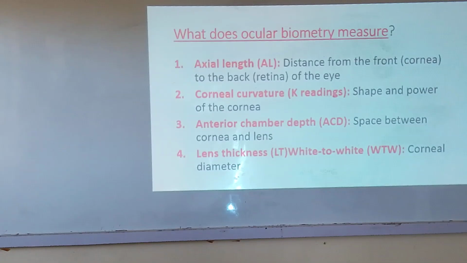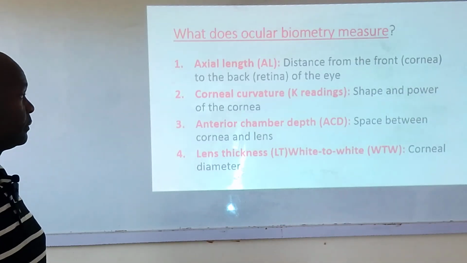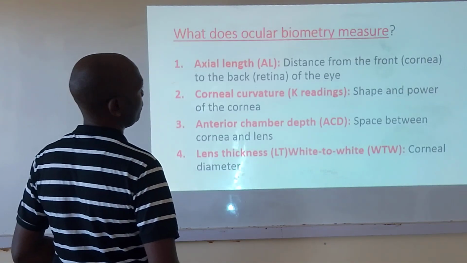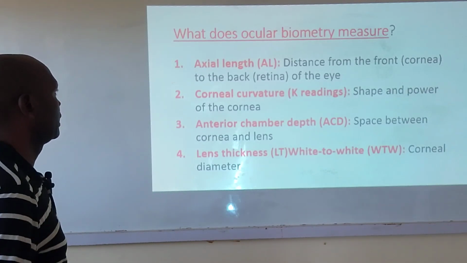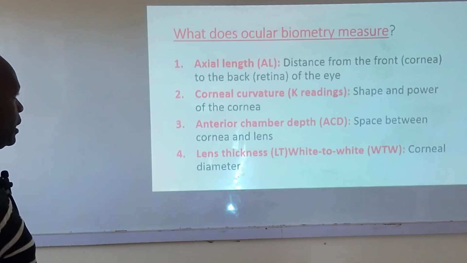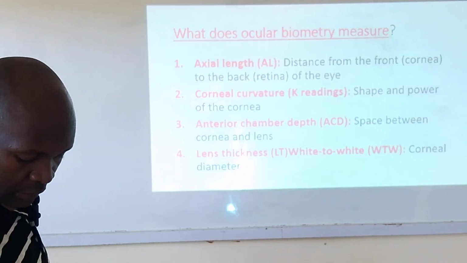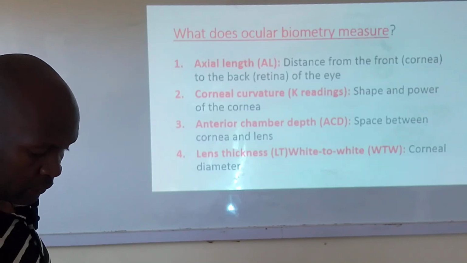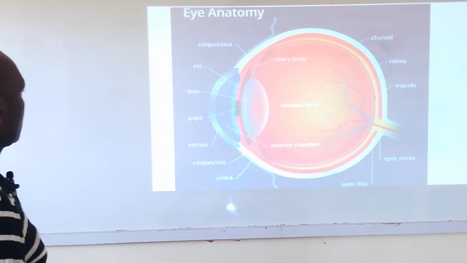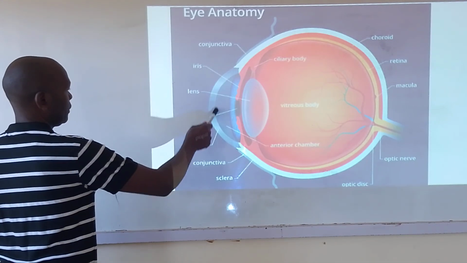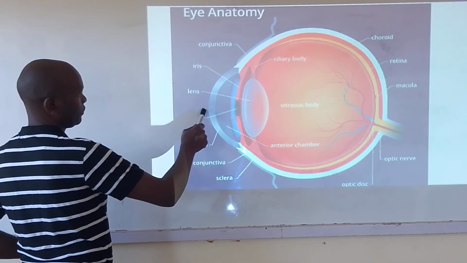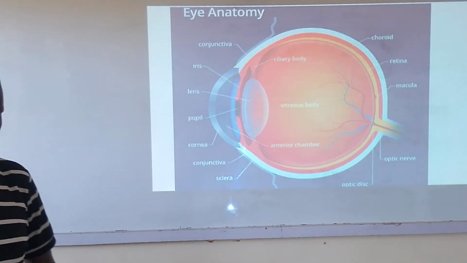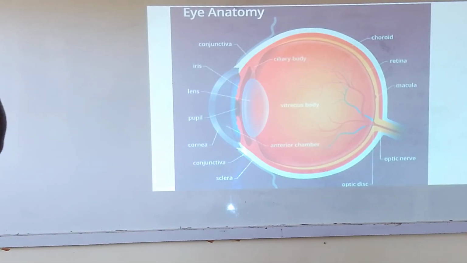We measure the axial length, and this is the distance from the front of the cornea to the back, that is the retina of the eye. So when we talk of axial length, we are talking of the length from this point here all the way to this point here. That is the axial length of the eye.